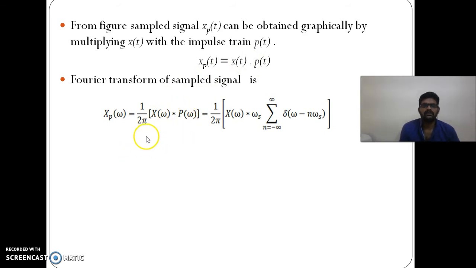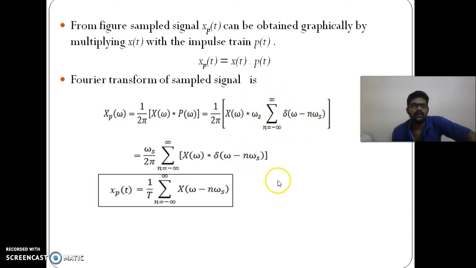So xp of omega is equal to 1 by 2 pi, x of omega convolved with p of omega, where x of omega is the Fourier transform of x of t, and p of omega is the Fourier transform of the sampling function. The Fourier transform of the sampling function is omega s times the sum from minus infinity to plus infinity of del of omega minus n omega s. So omega s by 2 pi times x of omega is convolved with del of omega minus n omega s. This convolution gives x of omega minus n omega s.